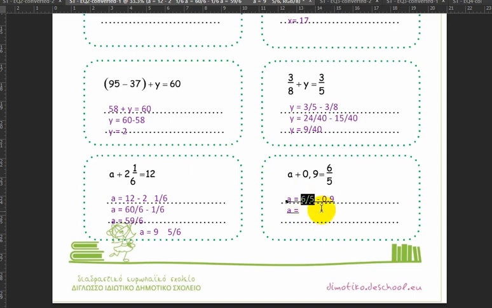I prefer right now to turn this into a fraction. So we would get 6/5 minus 9/10, and this would become 12/10 minus 9/10. So this would become 3/10.